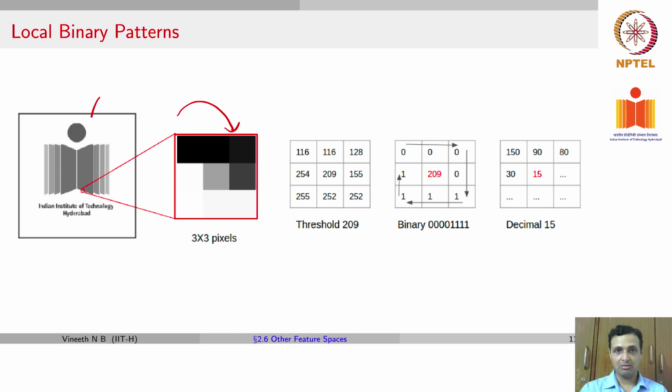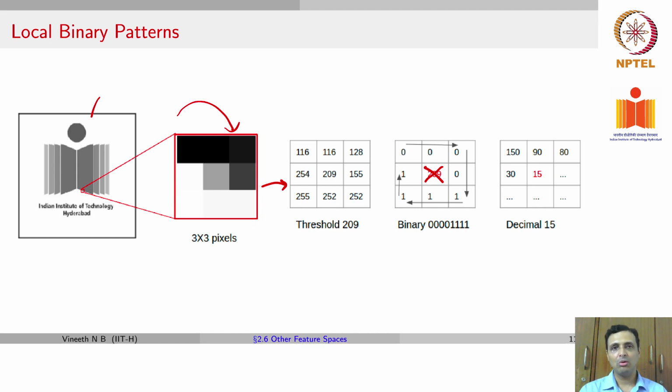You consider a pixel and a 3 cross 3 neighborhood around the pixel, write down the intensity values of those pixels. Now with respect to the central pixel, you decide if each of the other pixels around it were lower or higher. If it was lower, you would set a 0. If it is equal or higher, you can set it to 1.